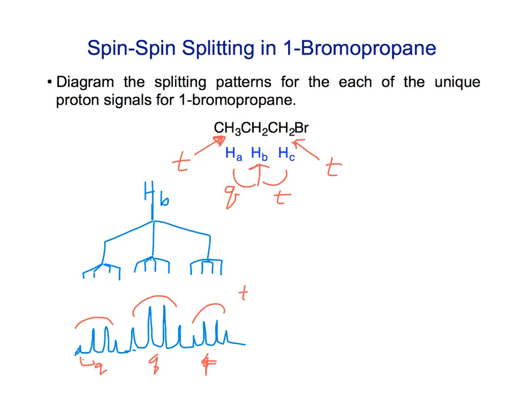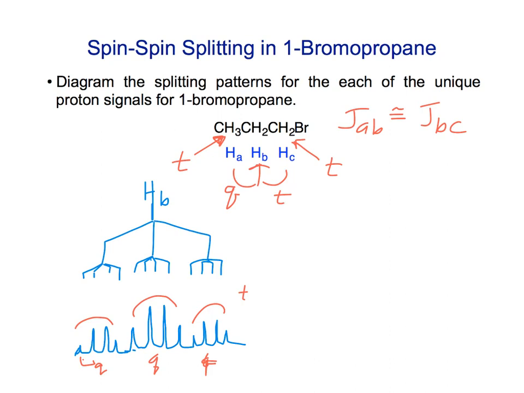Because they can spin, we generally just see averaged coupling constants here. So if JAB roughly equals JBC, then even though they're non-equivalent, we can treat those non-equivalent protons as being equivalent.